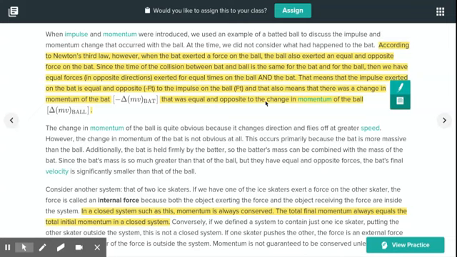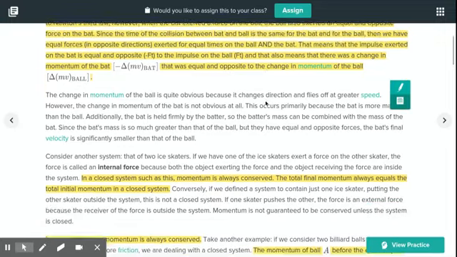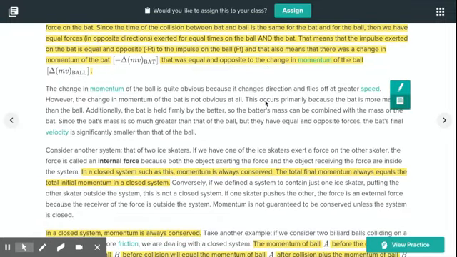If the momenta are equal to each other, the more mass will result in less velocity. Okay. So that was talking about bat and ball.